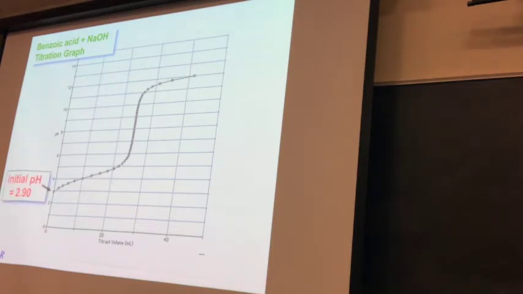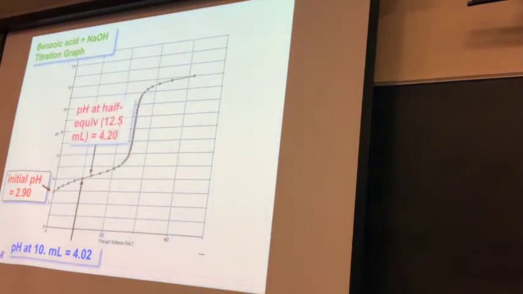So at this point, your initial pH at 0 milliliters of sodium hydroxide started at 2.9 or so. Then at 10 milliliters, we had a 4.02, all right, which is right about there. We did the 12.5 milliliters, the so-called half equivalence point. At that point, it was a little bit more basic, 4.2. What is this pH equal to?